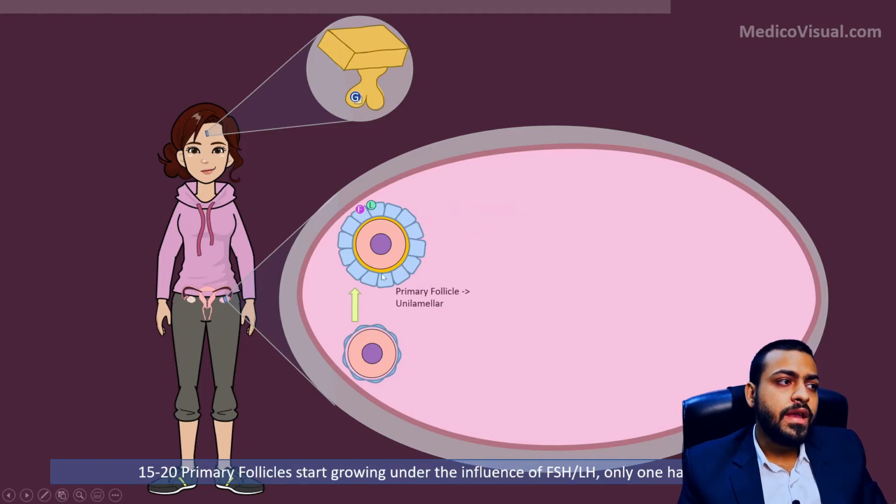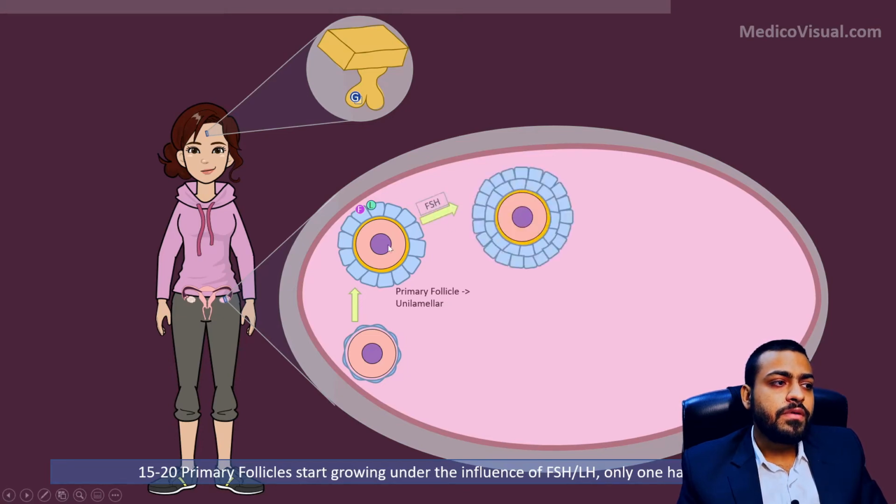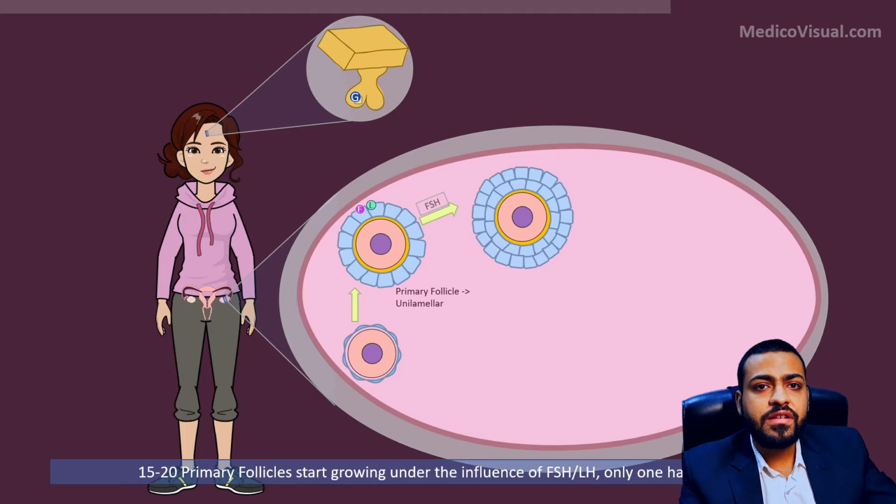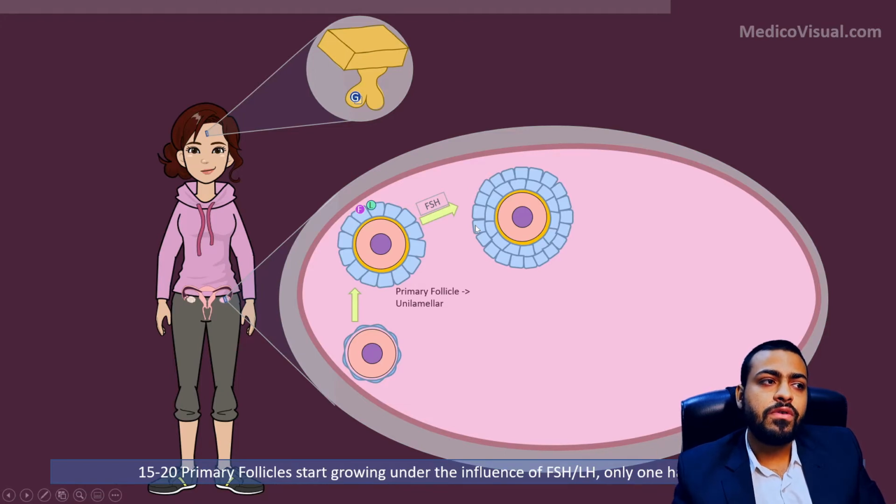So mainly under the effect of FSH and to some extent LH, this primary follicle, which is unilaminar, proliferates; it increases in size as well as in the number of cells. So new layers will be formed, more than 1, 2, 3, 4 and so on.